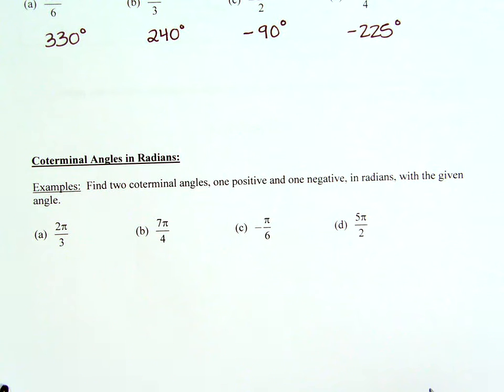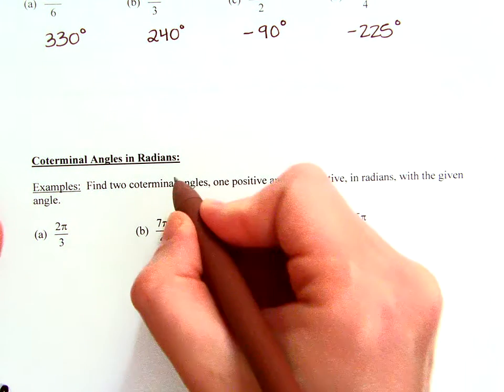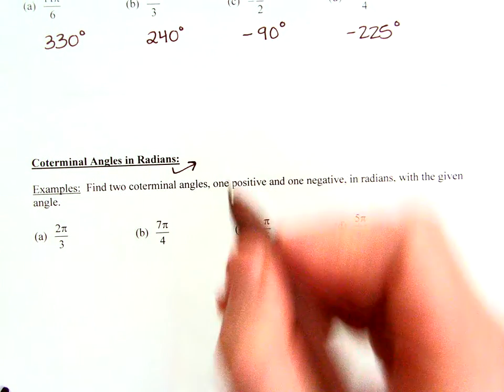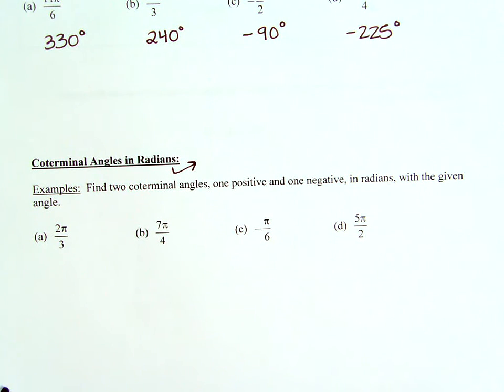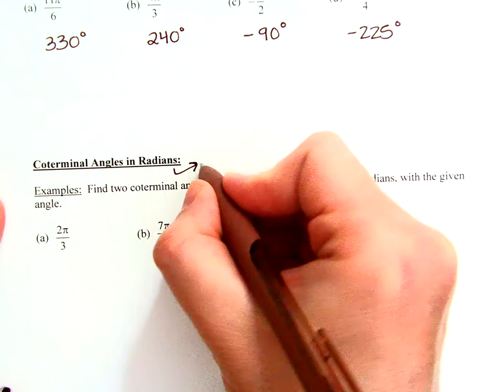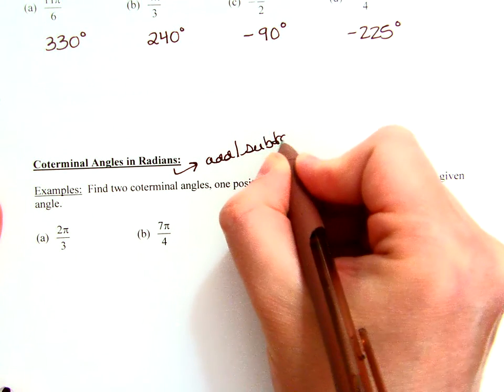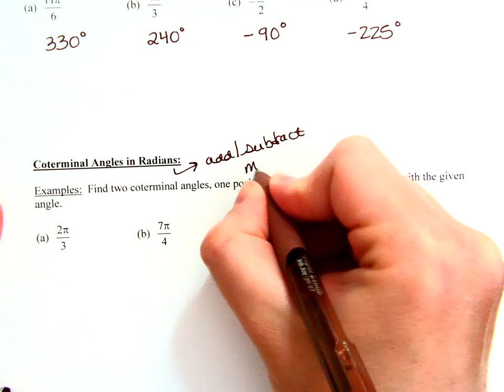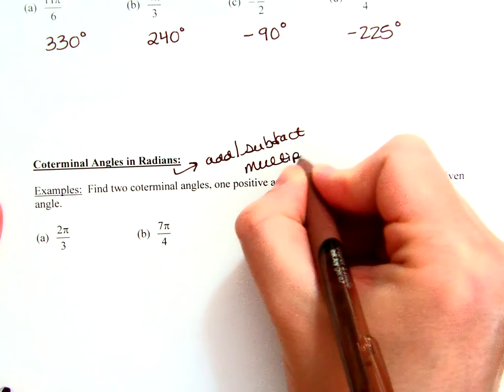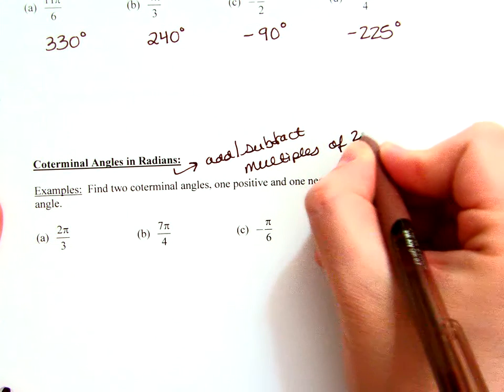Well, if we're doing this in radians, all we need to do is add or subtract multiples of 360 degrees, which in radians is 2 pi. We are going to add or subtract multiples of 2 pi.